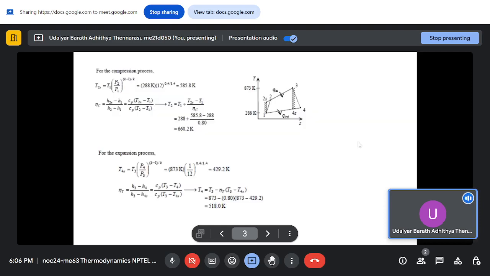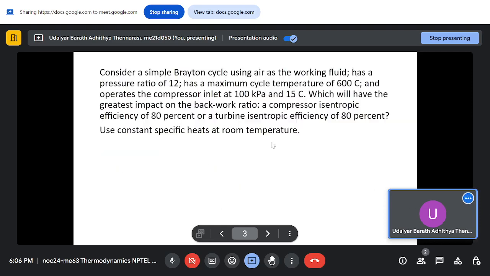So going back to the problem, here they say that the pressure ratio is 12. Between your compressor and turbine you have your minimum pressure and maximum pressure, and because those two are isobars, your pressure will be constant. So there the pressure ratio is 12, and they are giving the maximum cycle temperature, which is after your combustion chamber, or after heat addition, as 600 degrees Celsius.